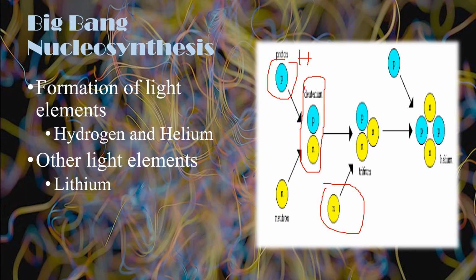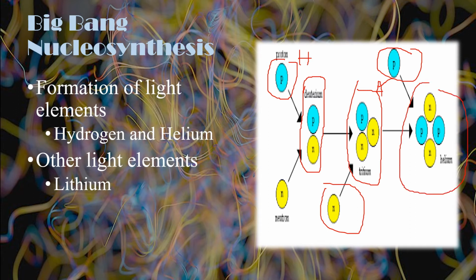That is the time that we will call it tritium. As we go further, there is another proton, or atom of hydrogen, that fuses with the tritium. That is the process by which we are able to form helium. So that is the Big Bang nucleosynthesis. It's all about the formation of helium.